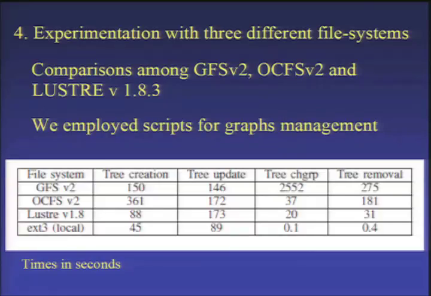With this file system, performances were almost acceptable, but we didn't have support for quotas, so we couldn't run our applications. This table has been produced by preparing some scripts that build a sort of graph structure in the file system. They make a directory, and then they write files, and then they write some bytes with dd inside these files.